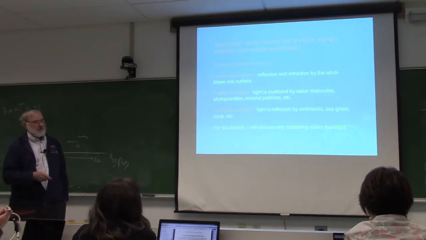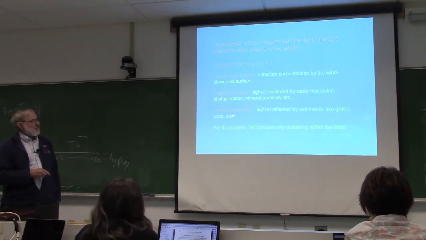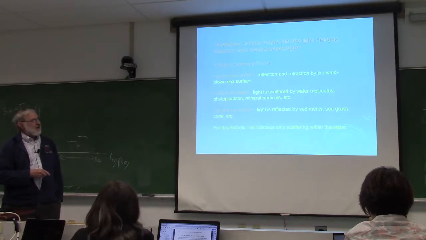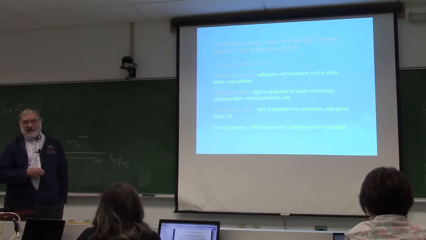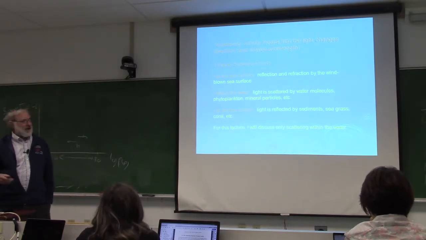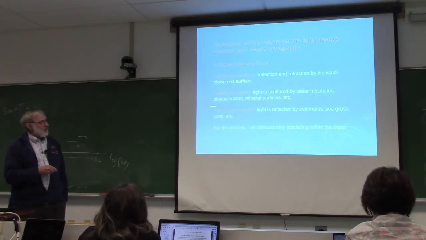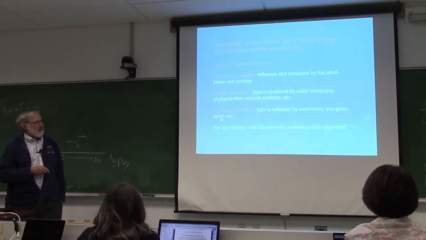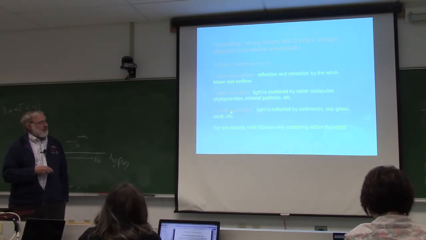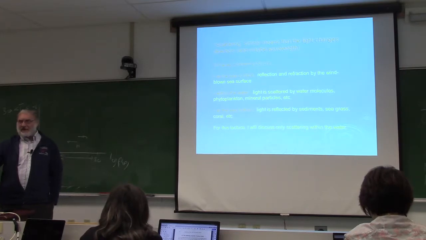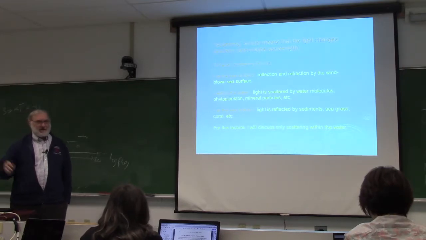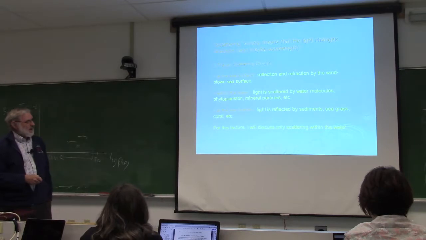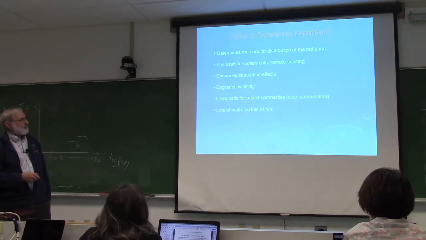So some people, when you read the literature, will talk about this being surface scattering and this being volume scattering, but it's all really just scattering. And in this lecture, I'm only going to talk about the scattering by the things that are in the water. Later, we'll have a lecture on reflectances by hard surfaces like sea bottoms and seagrass leaves and so forth. But anyway, that's where we're headed today.